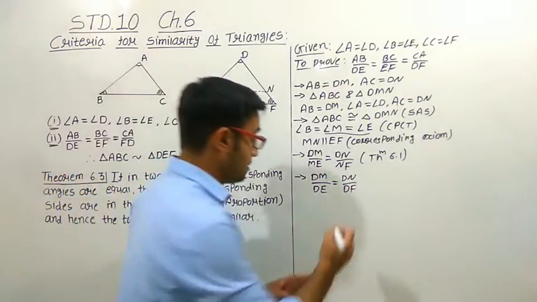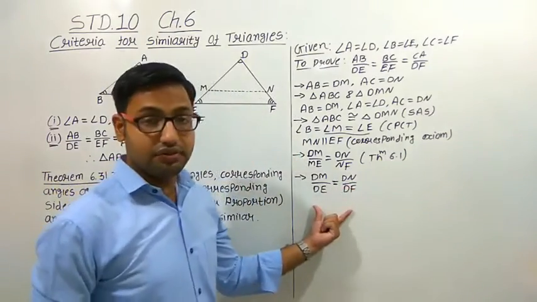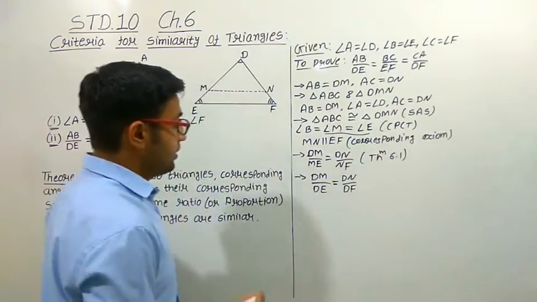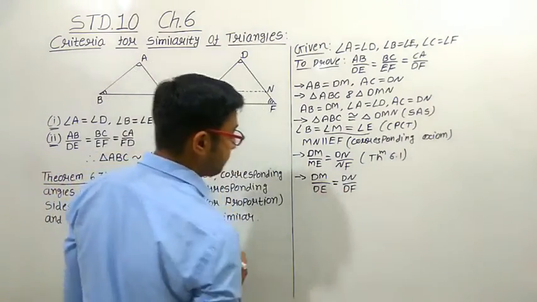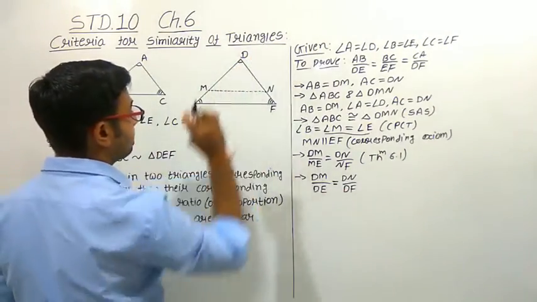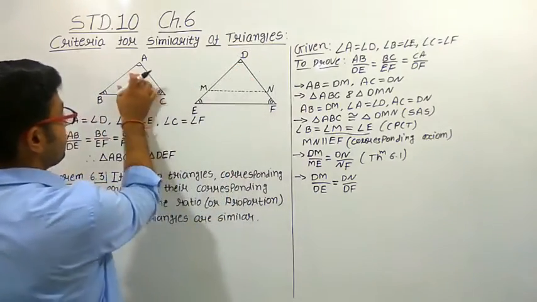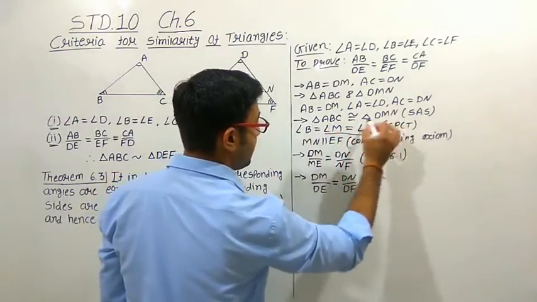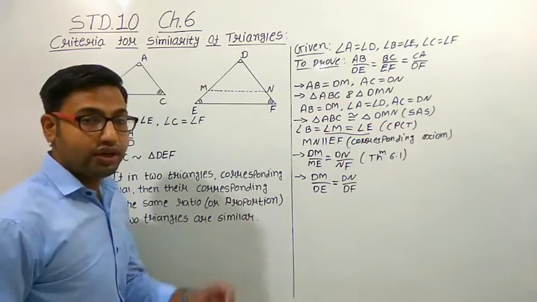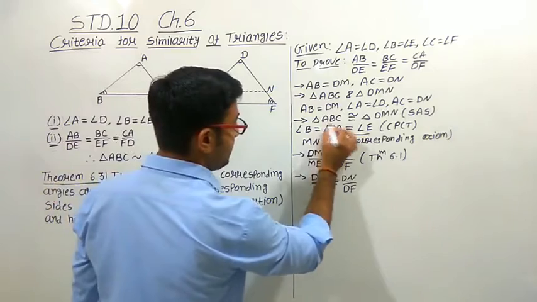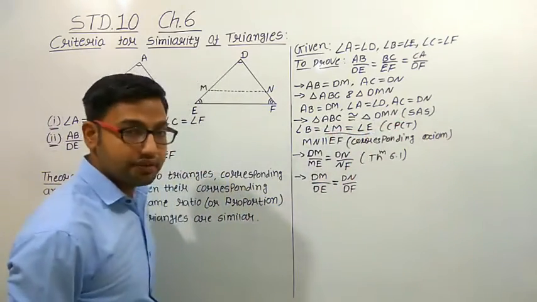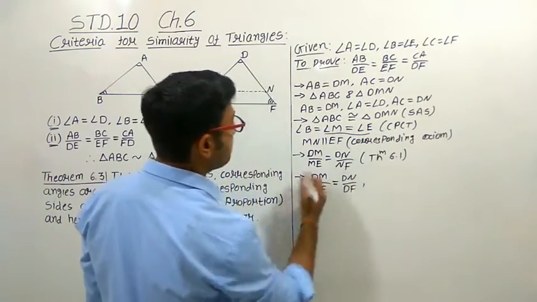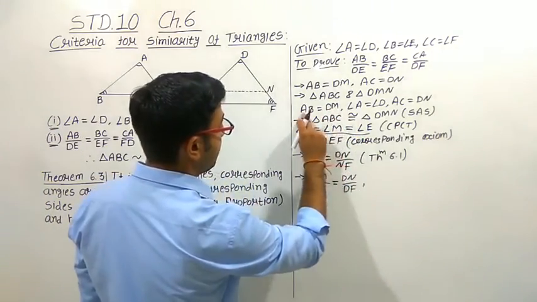Remember that this result we have already studied in example number 1 of this chapter, right? So now see DM and DN. Here we can write down DM is equal to AB. Why? Because here we have proved that ABC and DMN are congruent triangles. That means AB side must be equal to DM side. So instead of DM we can write down AB.